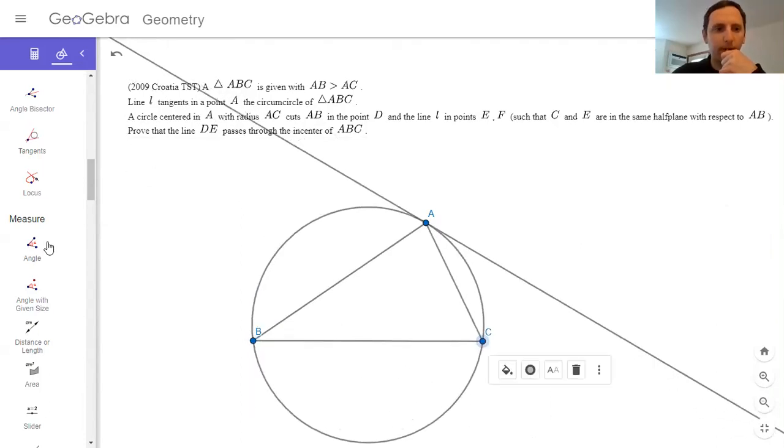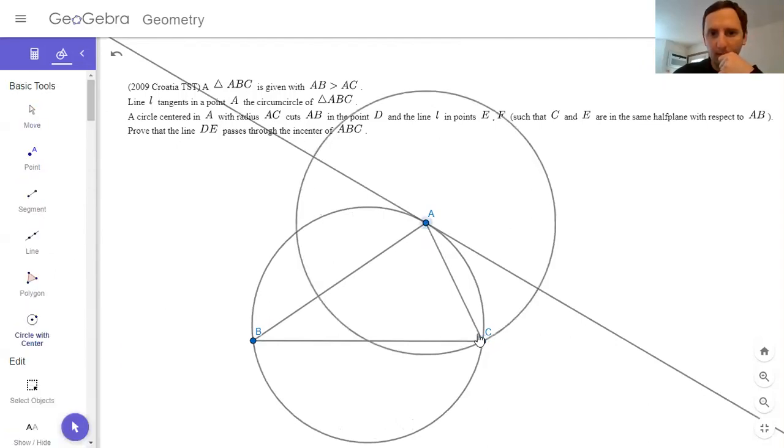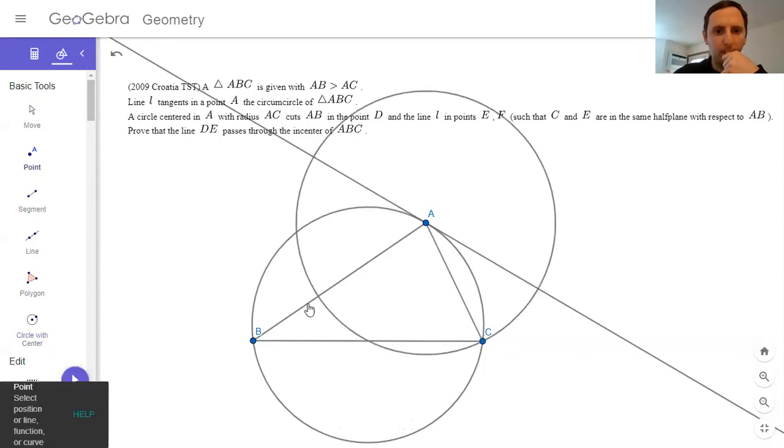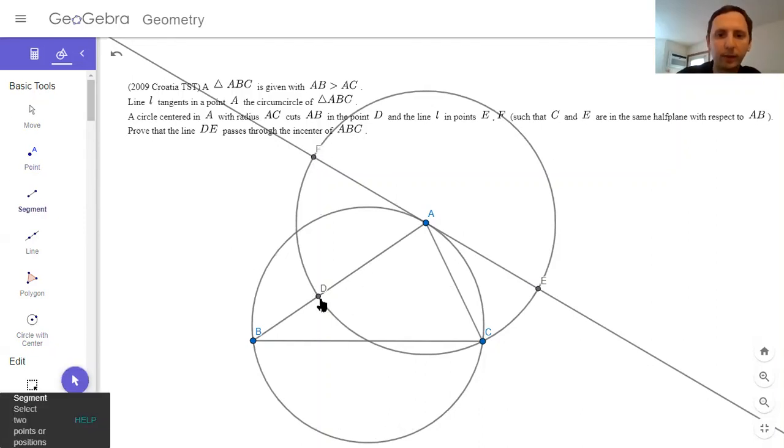A circle centered at A with radius AC cuts AB at point D, and it cuts the line at points E and F. C and E are in the same half plane with respect to AB. Oh, whoops, no, we want that's E and that's F. Prove that the line DE passes through the incenter of ABC.